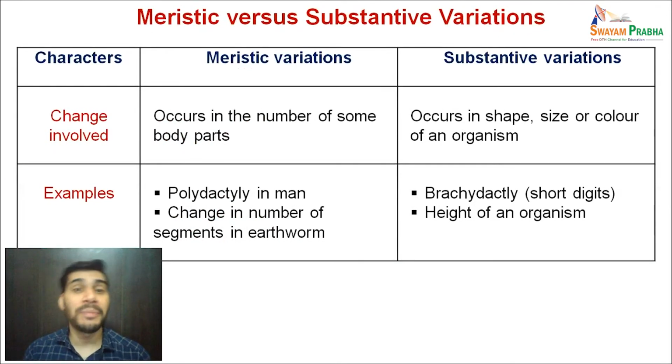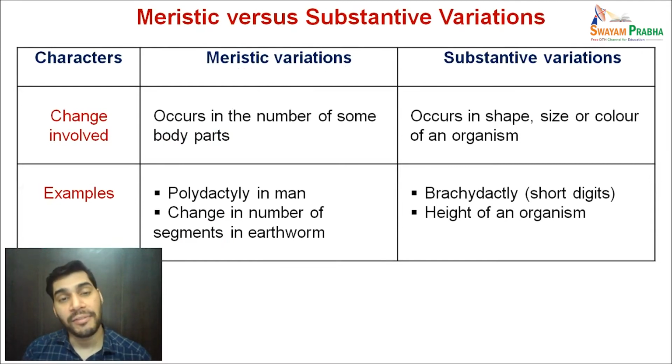What we mean by meristic versus substantive variation depends on the change that is involved. In meristic variations, there is a change in the number of some body parts. For example, polydactyly in man, that is an additional digit, which is a numerical change. A change in the number of segments in earthworm is also a meristic variation.